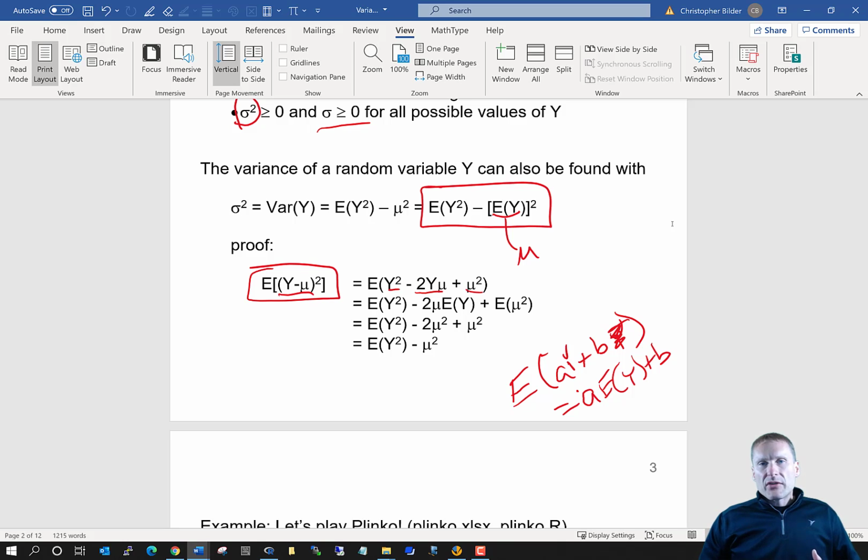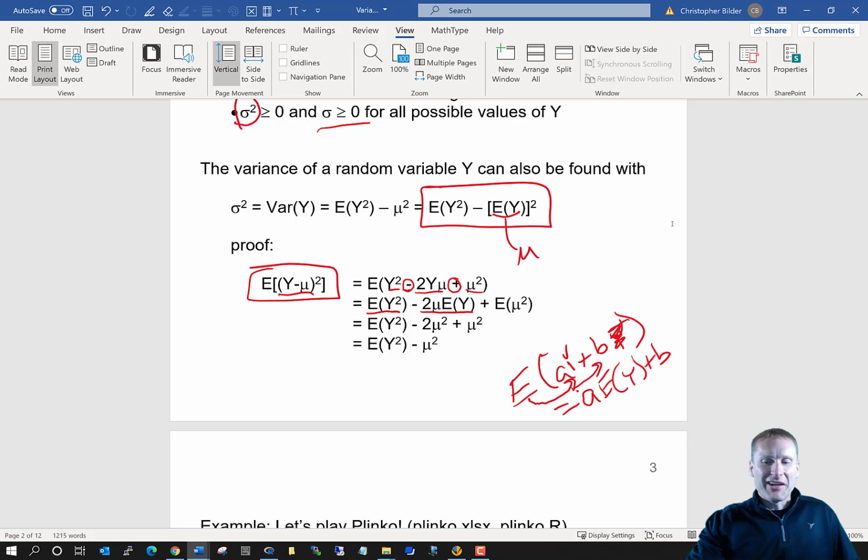We can use the same idea here to further simplify our expression. We can always move the expectation inside of a sum or a subtraction. So I can move this expectation inside, and I'm left with the expected value of y squared minus 2 times mu times the expected value of y.